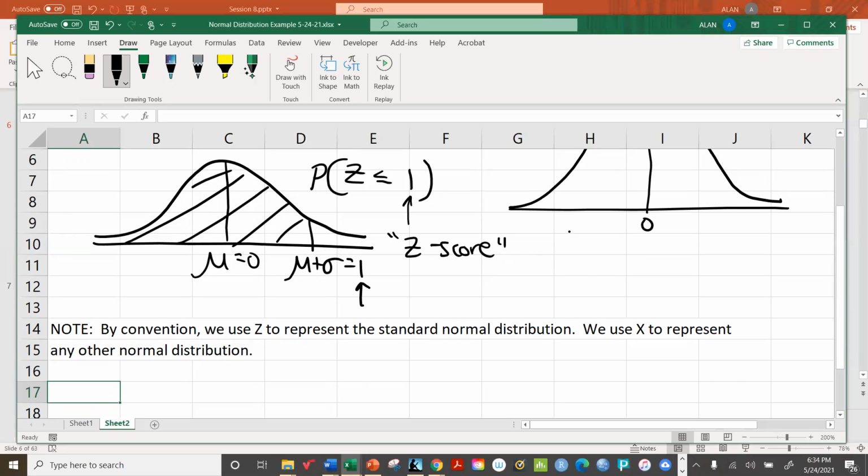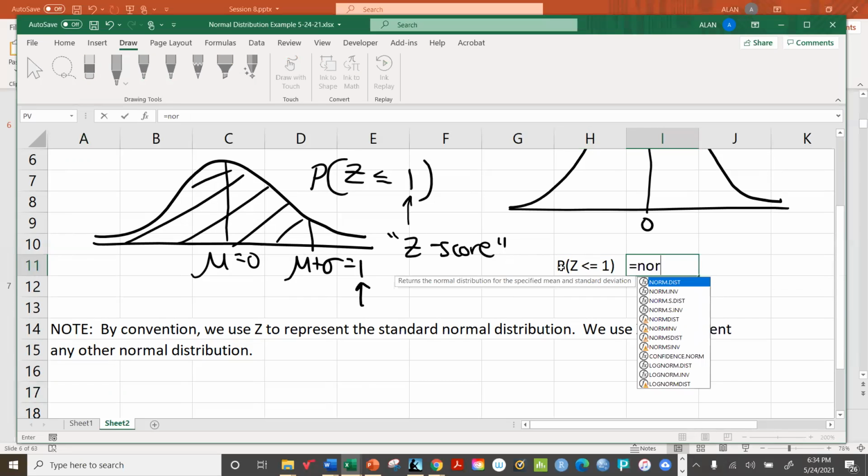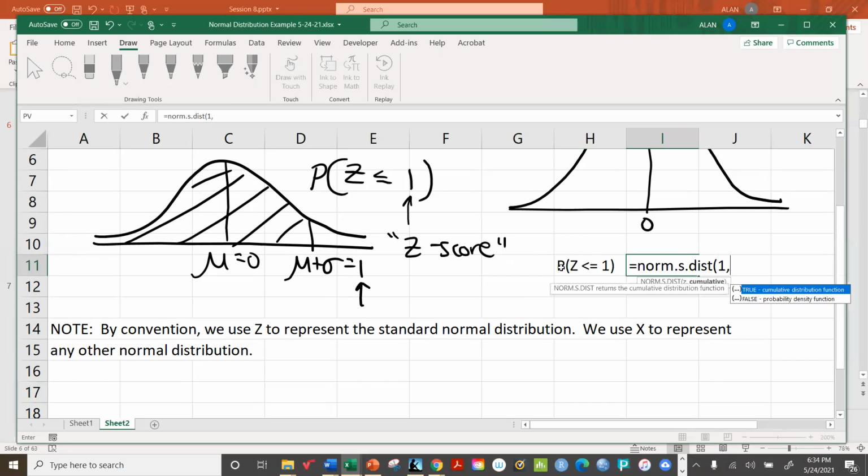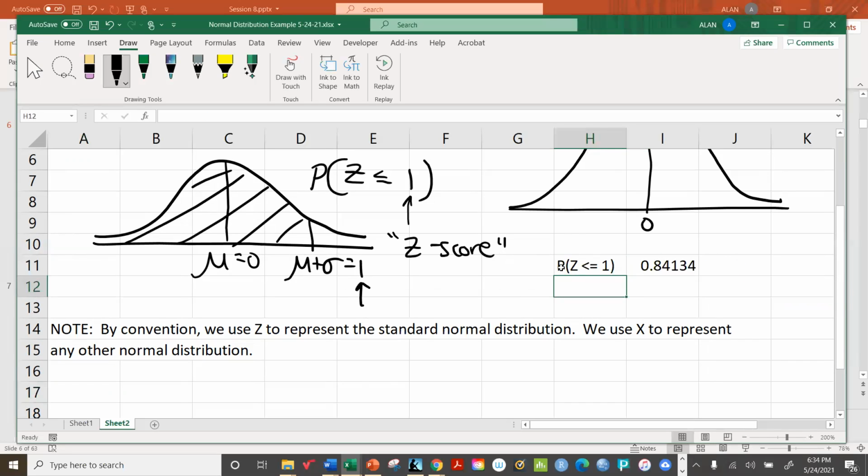So in order to find this probability, we're going to use a different function. We're going to use NORM.S.DIST. And that function is designed specifically just for the standard normal distribution.